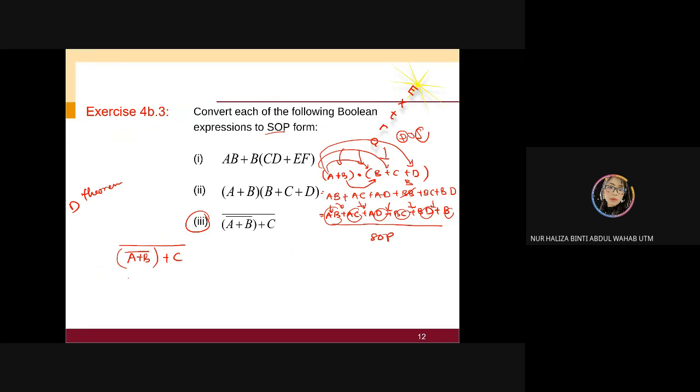From here, you have one input and one input, which is A plus B bar. You're going to get A bar dot B bar. So from here, what you will get is A plus B bar dot C. And this long bar, you will do bar and bar, so you remove this. And this one is applied like this one. And you multiply. You get AC plus BC. This is your SOP.